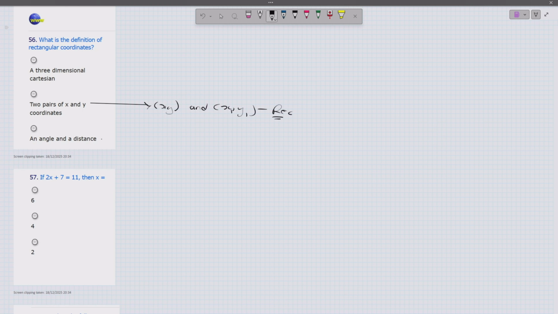An angle and a distance is a polar coordinate. Just in case it appears that way, so these are polar coordinates. In a 3-dimensional Cartesian system, it's in the form of x, y, and z. So that is the right answer here.